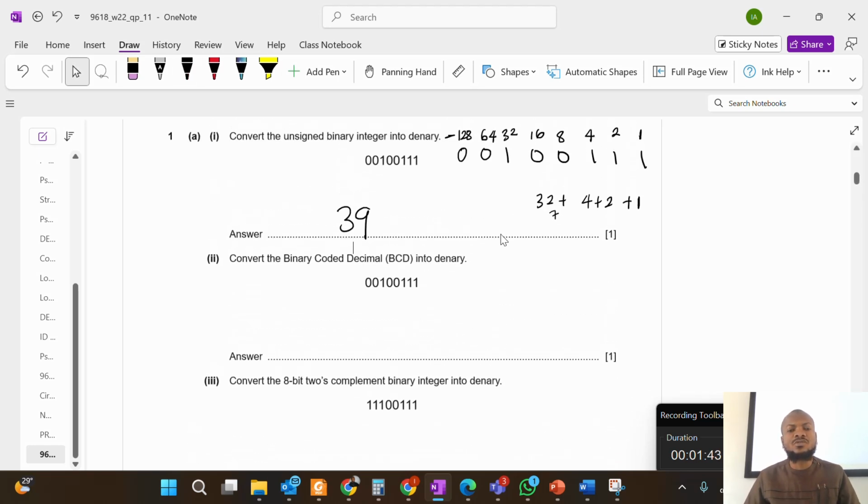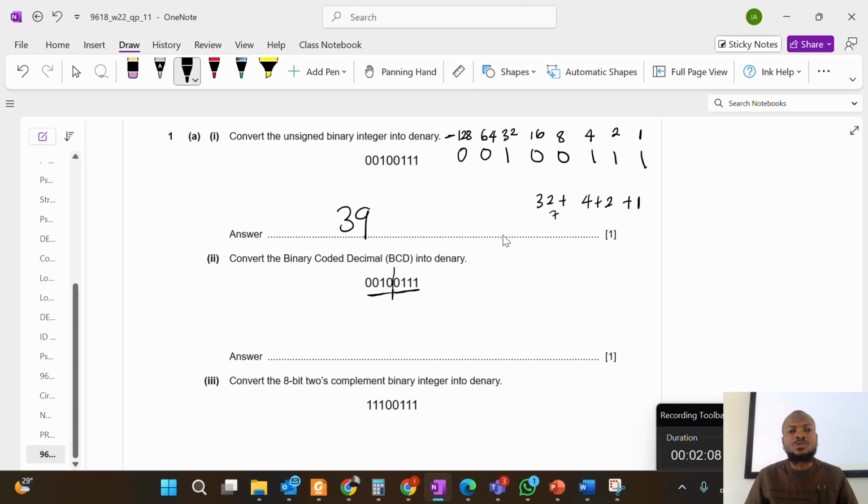Now the next one, binary coded decimal. To solve this, you group it in fours. This is the first 4-bit, next 4-bit. So when you are asked to convert a binary coded decimal into denary, you group the binary digits into groups of 4, and you convert each of them back to base 10.